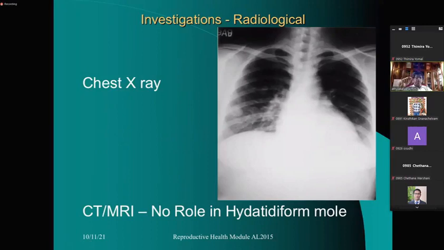But you must remember, in the extreme malignant situation, if you need to identify certain cerebral, pulmonary and hepatic lesions, you may have to resort to CT and MRI, but not as a routine for these patients.